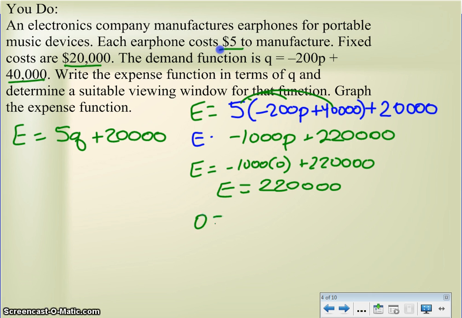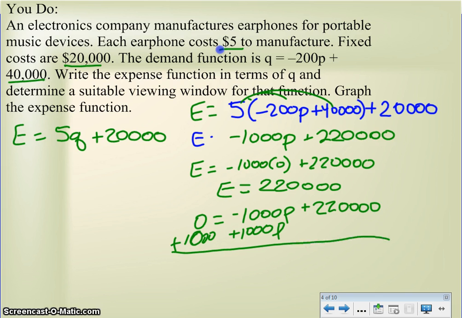Now if I do 0 equals negative 1,000 P plus the 220,000, I'm going to move that 1,000 over, and I get 1,000 P equals 220,000.